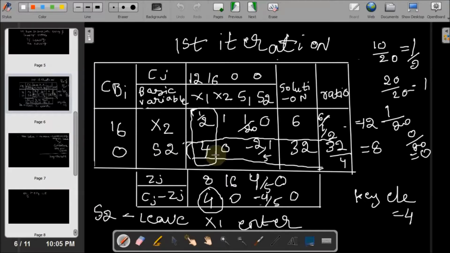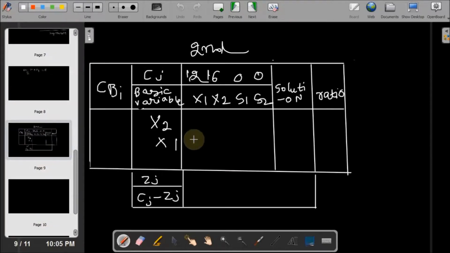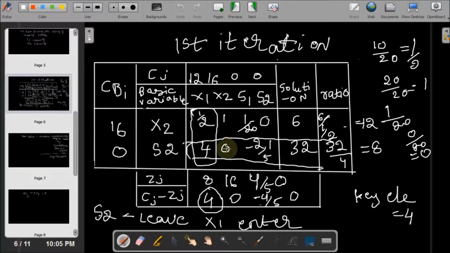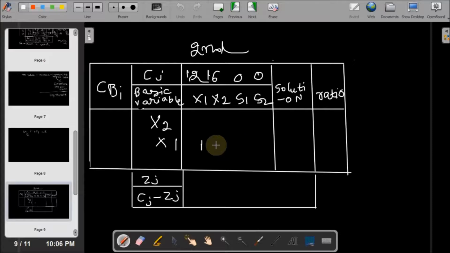So the new value for x1 will be 4 divided by 4, which is 1. Getting, guys? Don't get confused, please. Now 0 divided by 4, because the key element is found in this row, that's why I am dividing all the elements in this row by the key element. 0 divided by 4 is 0 only. That's why this value will become 0.